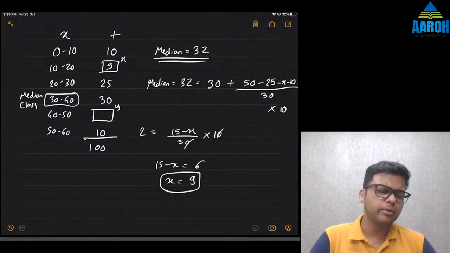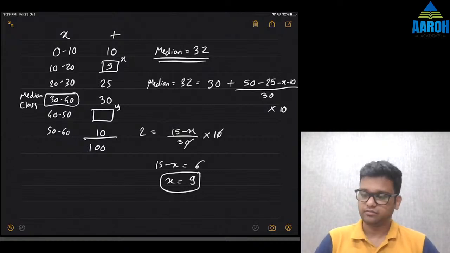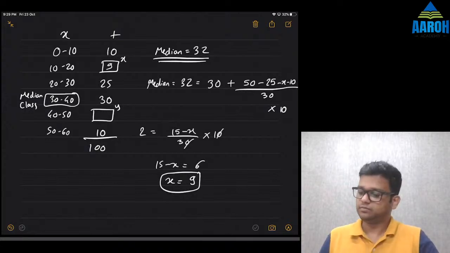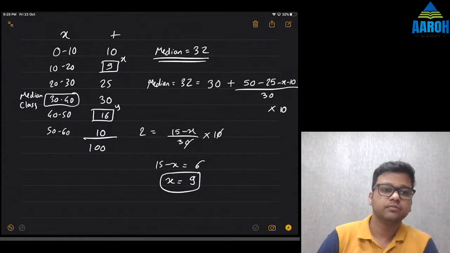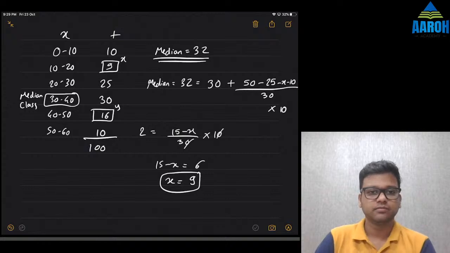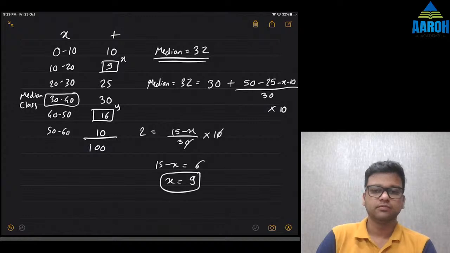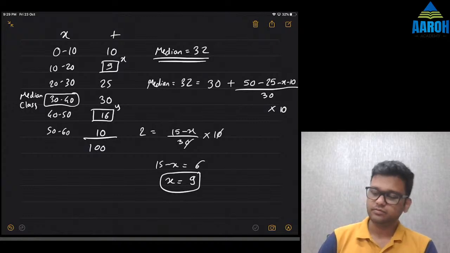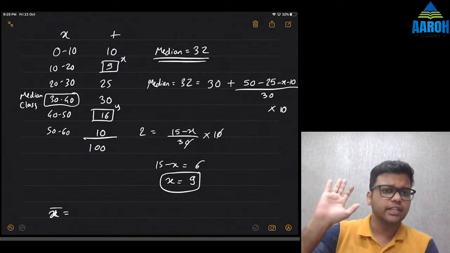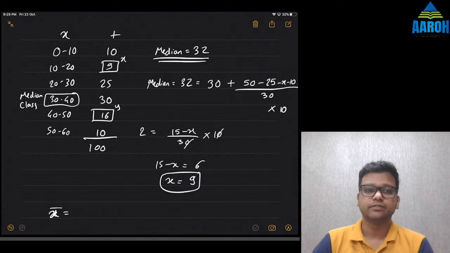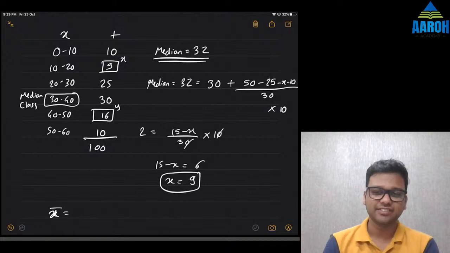If you get X, then you'll be able to get Y because that will be balancing figure. And then they have asked you mean. If anyone gets the answers, let me know on chat, X and Y. Solve.